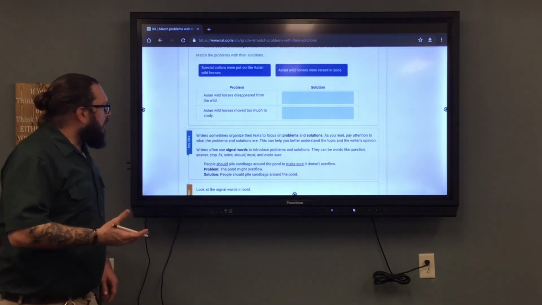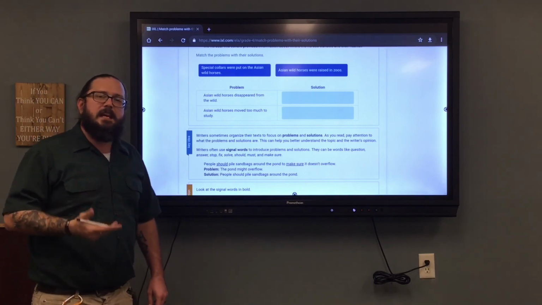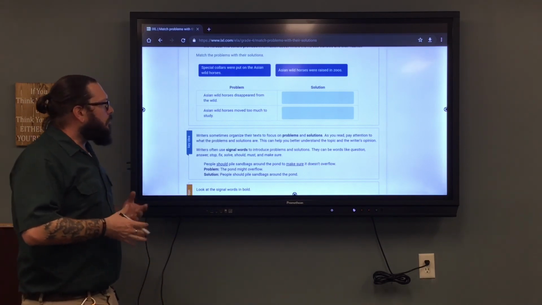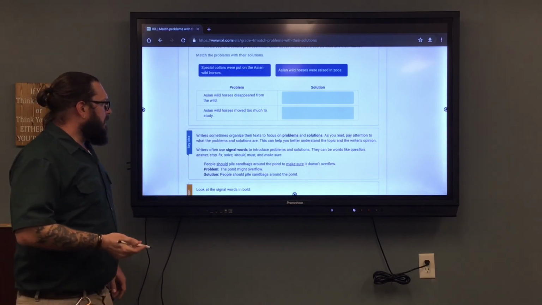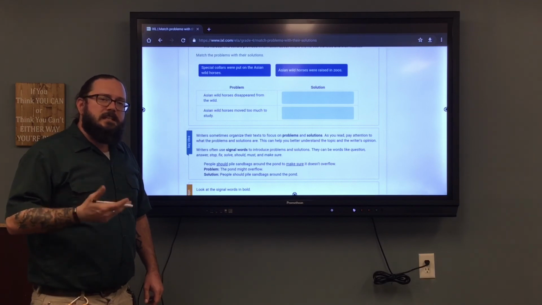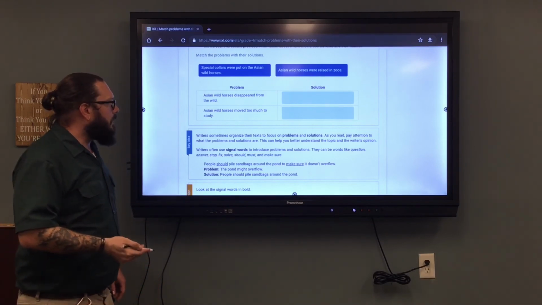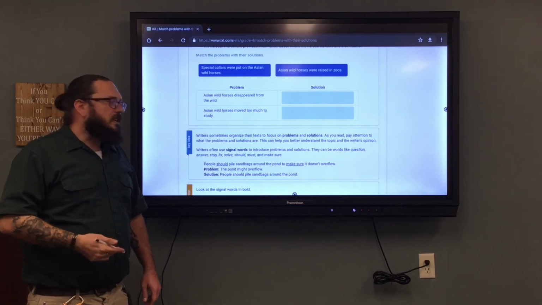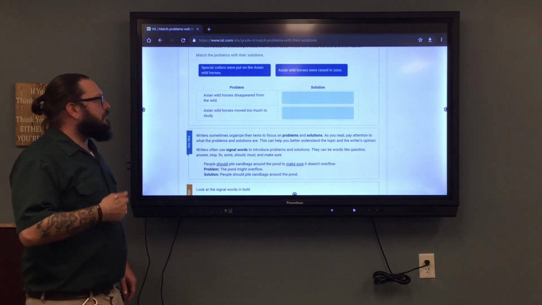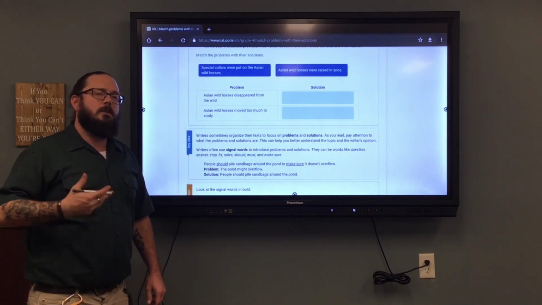So we understand that writers will sometimes organize a text in order to focus on problems and solutions. So as you read, you need to look for those specific details that identify what the problems and the solutions are. By doing this, it will not only help you better understand the topic, but also provide clues into the writer's opinion.